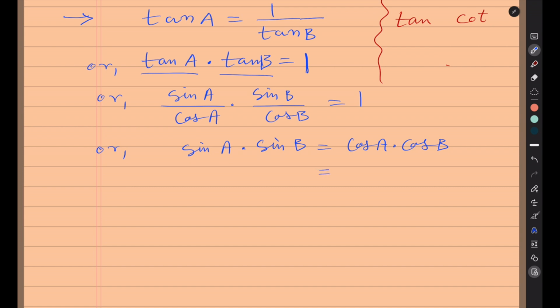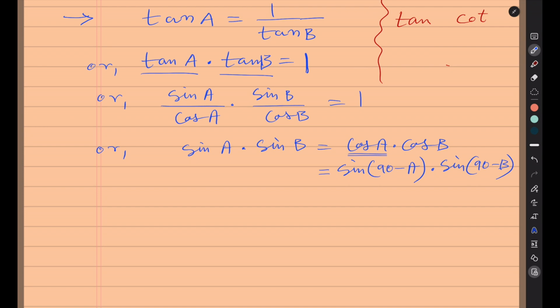But maybe we can also write down one thing. We know that cos A is sine 90 minus A, isn't it? And we know that cos B is sine 90 minus B. Yes, that is where it clicks.